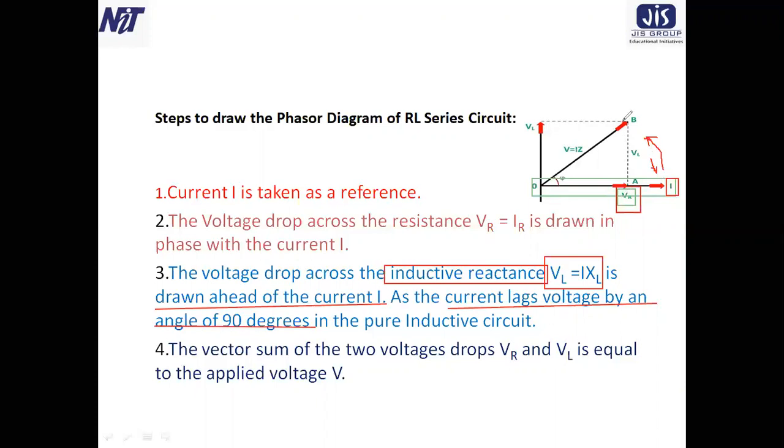So if the situation is like this, then you can say that the current lags voltage by an angle 90 degree. So here it is lagging the voltage by an angle 90 degree. So this current is lagging the voltage VL by an angle, this is the 90 degree. I think now it is clear to all of you in the pure inductive circuit.